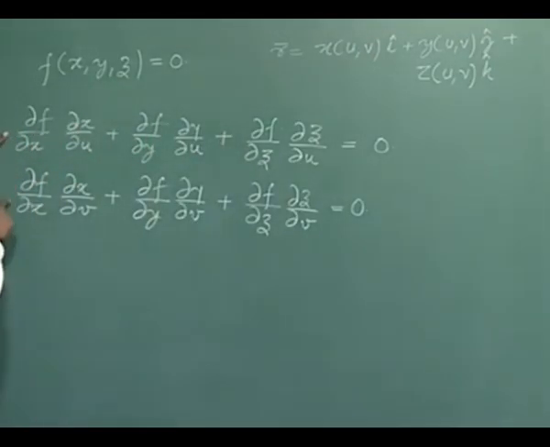Now let's try to express the two left-hand sides in a slightly different form as a dot product between two vectors.